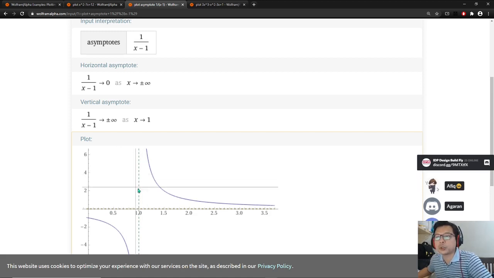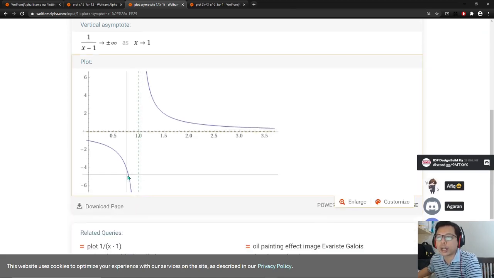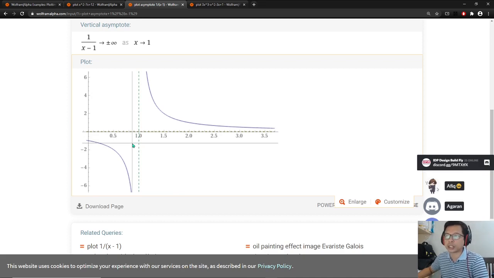It's just a virtual line to show you where these plots are going to approach. If you get closer and closer to 1, it's going to approach this vertical asymptote, but the plot is never going to touch that.